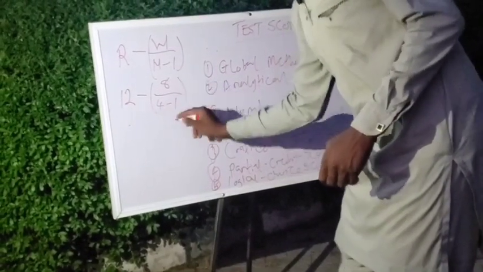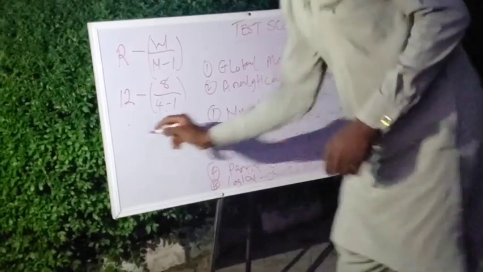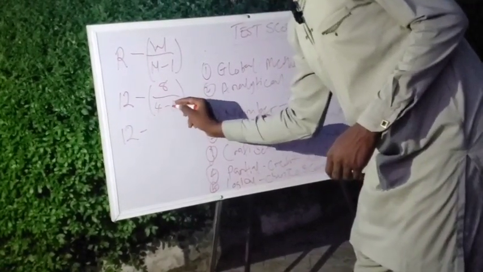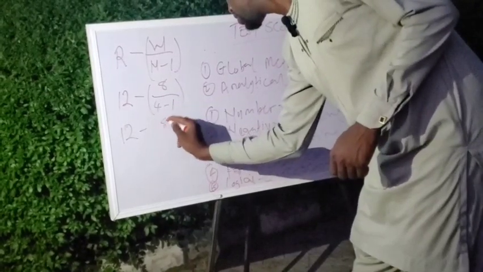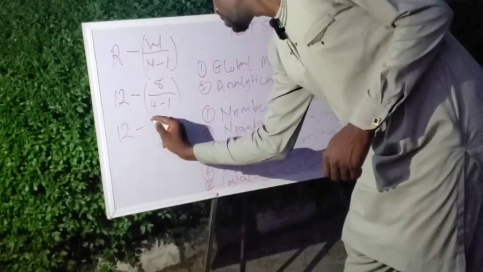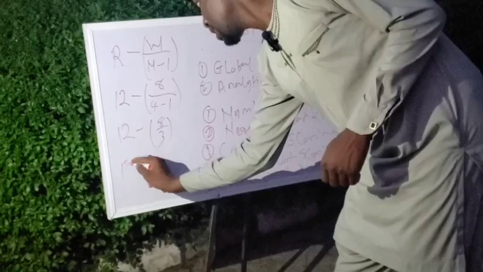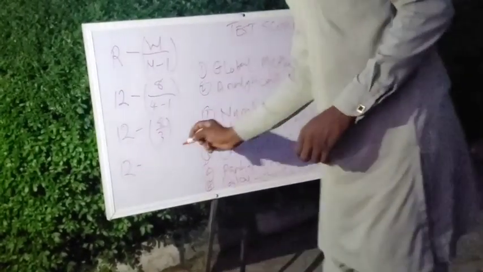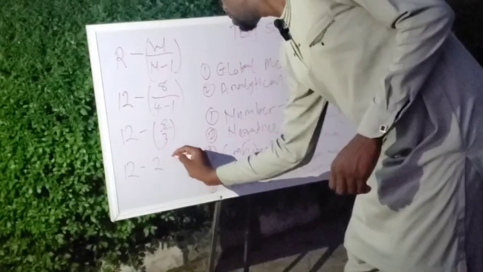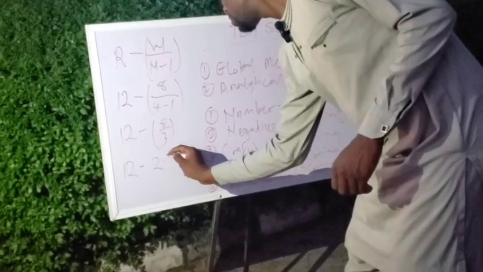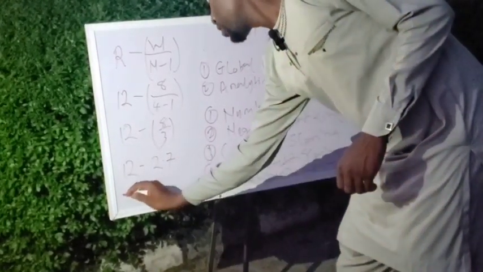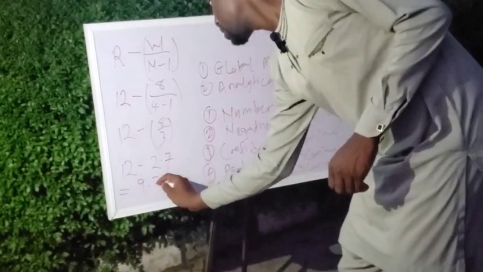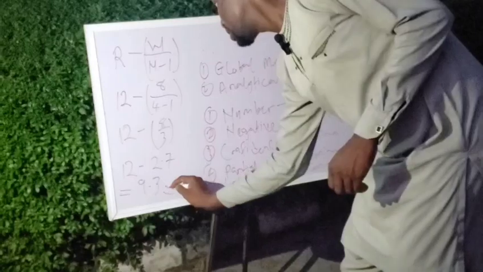So using correction for guessing, that would be 12 minus 8 over 4 minus 1, which is 3. So 8 divided by 3 is 2.7, and that will give us 9.3, approximately 9.